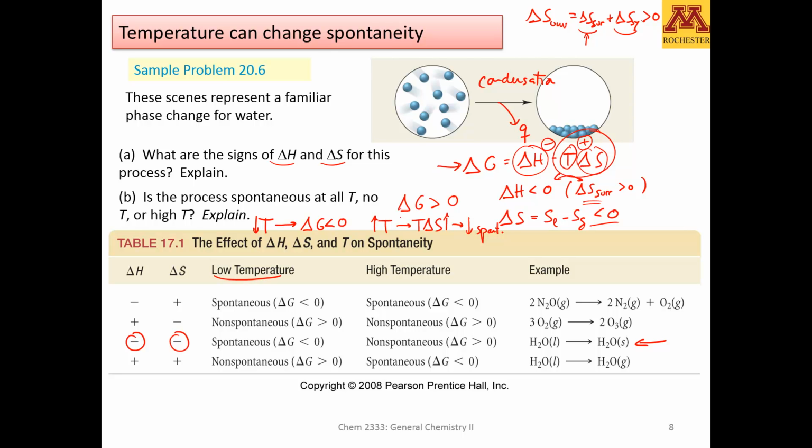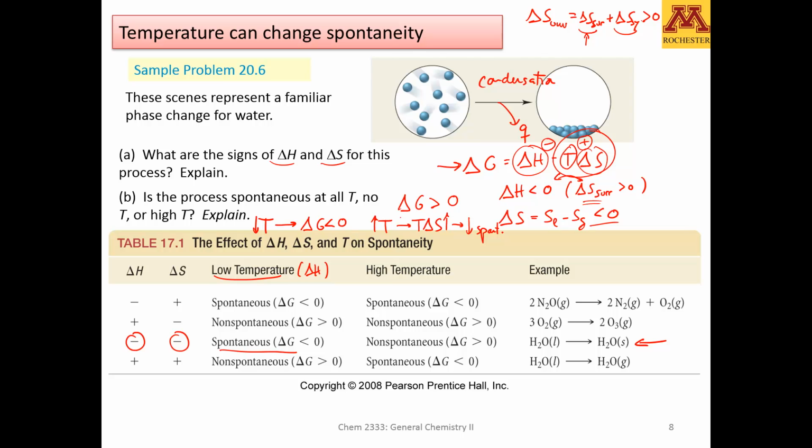So at low temperature, as we discussed, whatever the delta H says, that's going to be the sign of your delta G, because at low temperature, the entropic factor is less important. So at lower temperature, the process is spontaneous, which should make sense, right?